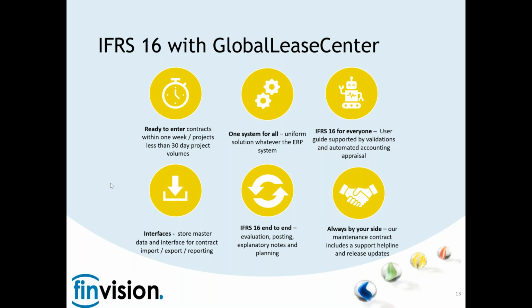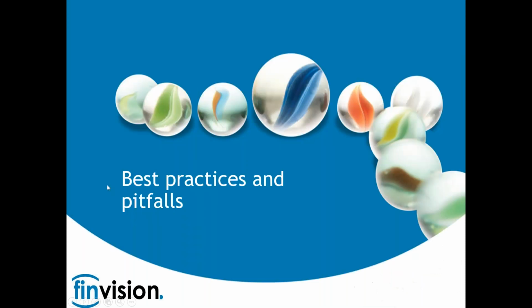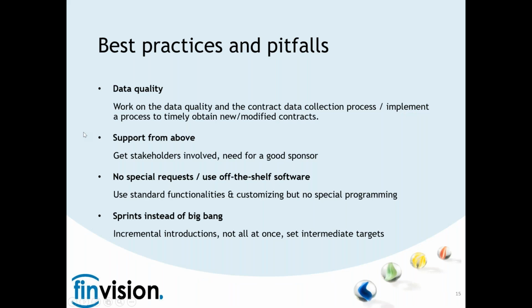What we prepared for the end of the session here is some best practices. I think some of the things are already mentioned. One of the things very important is data quality, and that's where, as already mentioned by Christian, we see quite some issues sometimes. First of all, where to look for all the contracts, because the company or the group didn't have centralized contract management for leases.